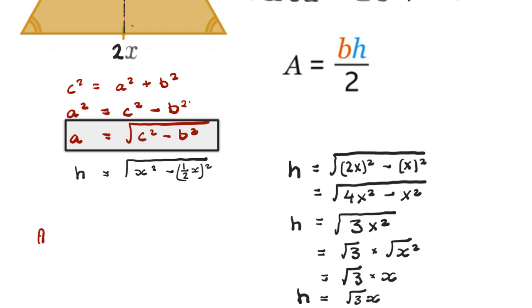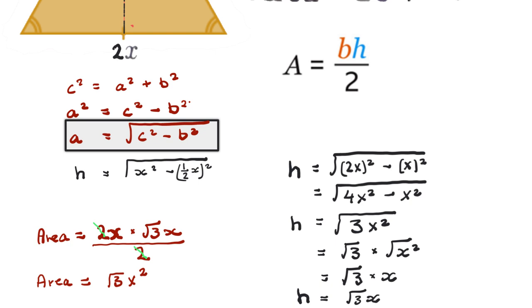The area therefore is going to be 2x times root 3x over 2. It's clear from here that I can cancel the 2 out, and all I have is root 3x squared. To find the value of x, we must go and look all the way at the beginning, where we were given that the area is equal to 16 root 3 centimeters squared.